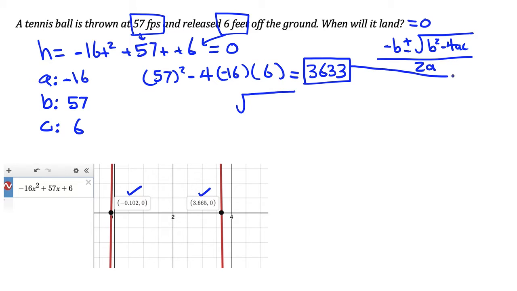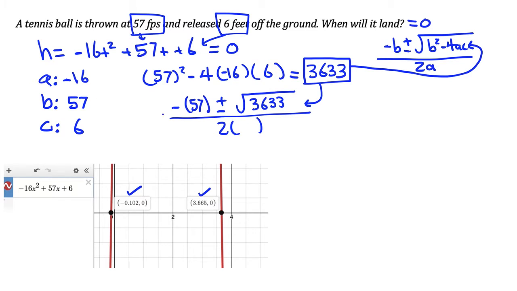This value is that value. So go ahead and dump it right into the square root part, 3633 plus and minus. Now, instead of negative b, I like to go negative brackets and then dump the b value in. So just in case the b value is negative, this will help you do that correctly. And then all over 2 times bracket, negative 16.